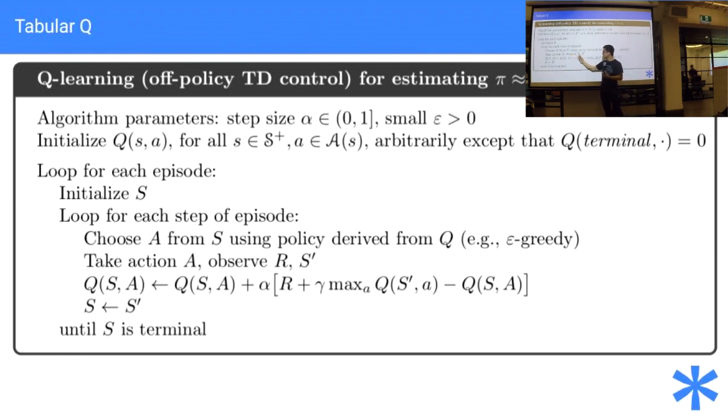By taking an action, you receive a reward and a next state S prime, and we just apply what we just saw in the previous slide, the Q update algorithm, and so on.